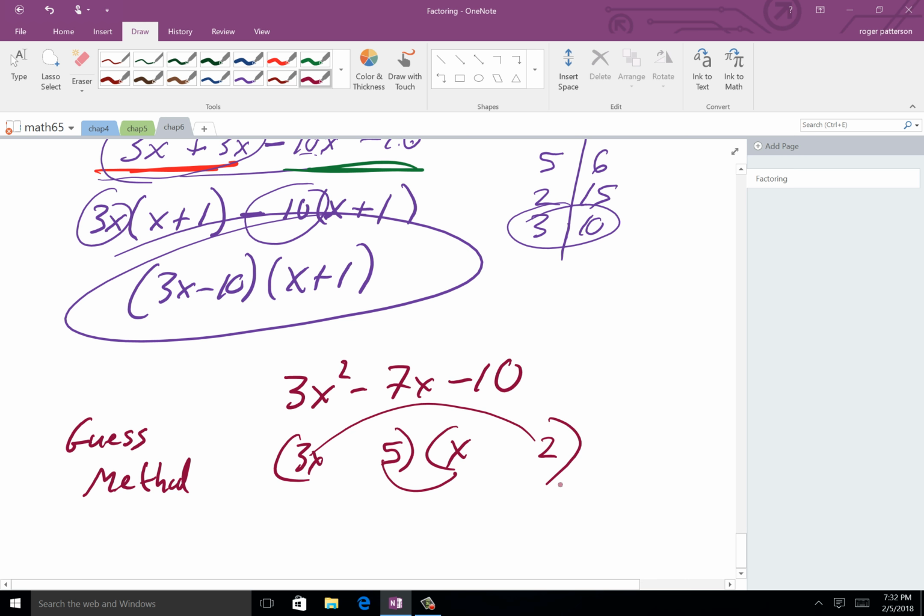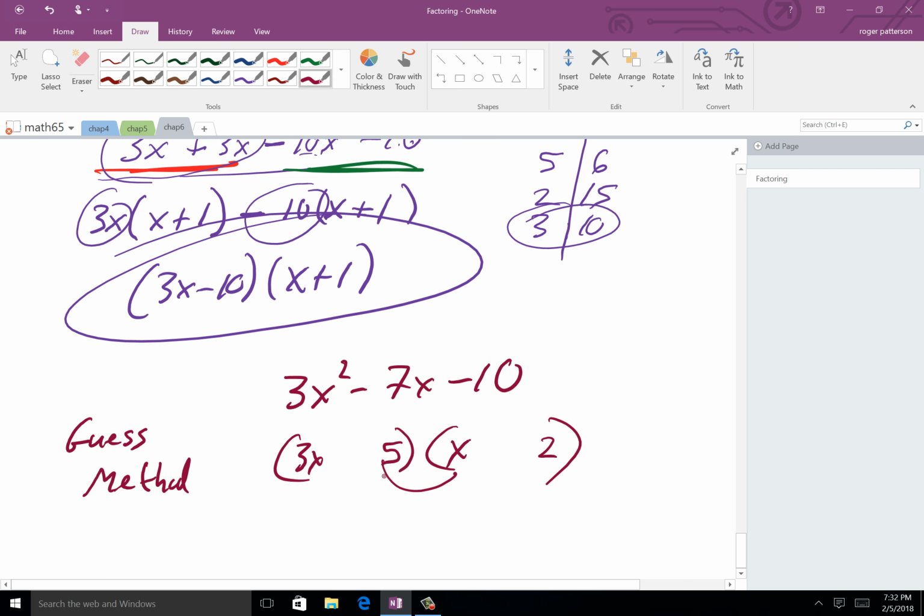Now here's the deal though. Because this is a negative, this time these two guys got to subtract. 3 times 2 is 6. 5 times x is 5. Subtract, that's going to give me 1. That's not going to work.